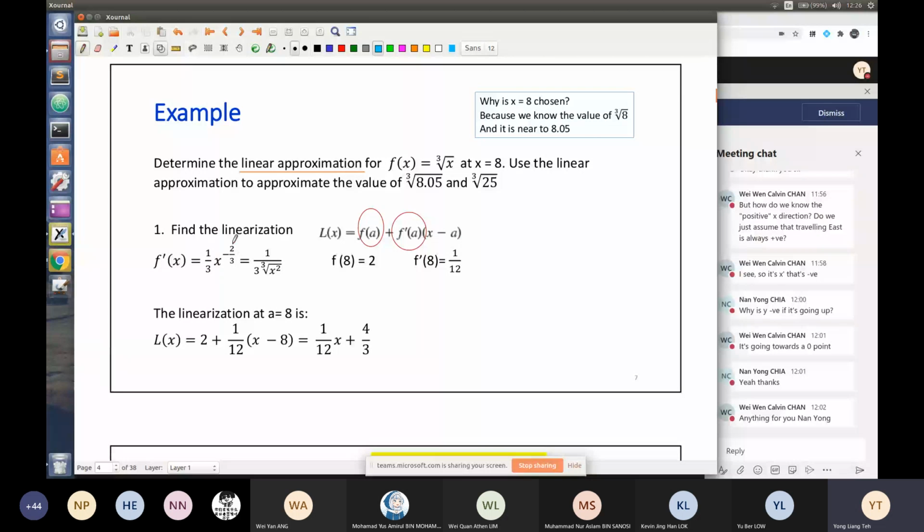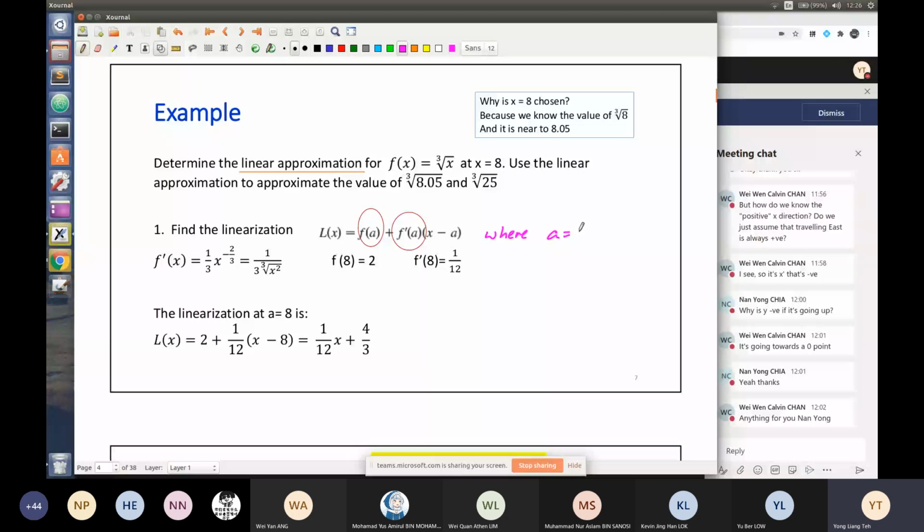So you get this expression here. The linearization is equivalent to this form, because f of a is in fact 2, where a equals 8.